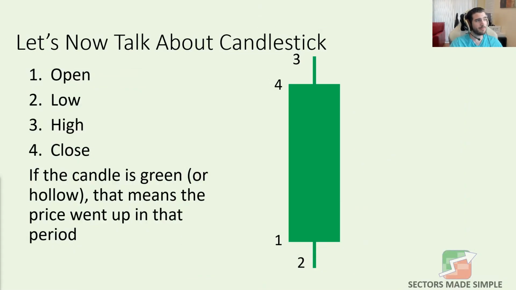So different places will have their charts done differently. But typically, hollow candle means that the price went up that day, and green means that the price went up that day. The only reason why this one isn't hollow is just so it's easier to see the color, by the way.